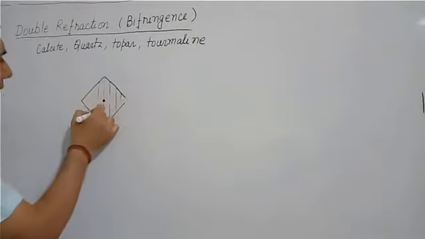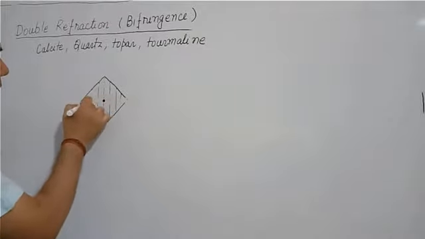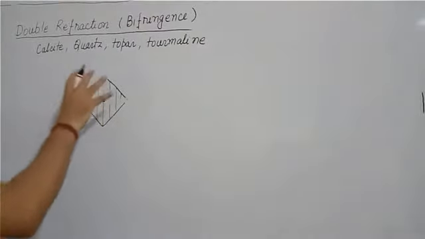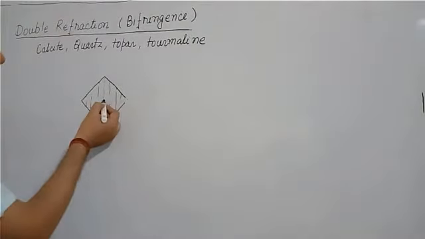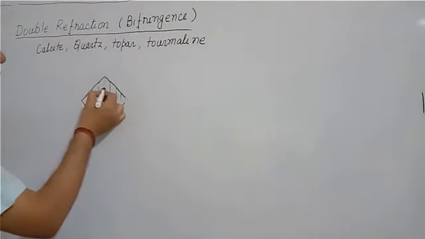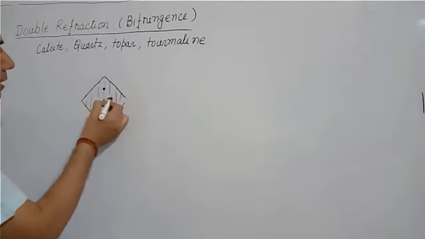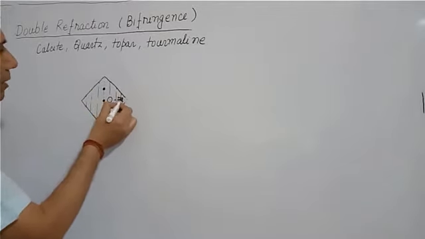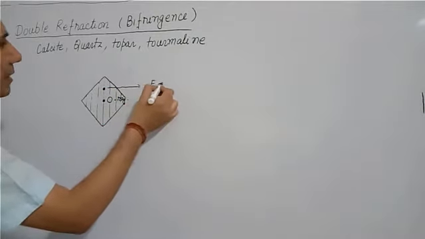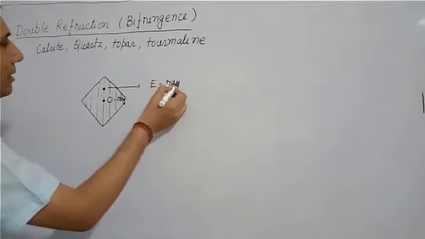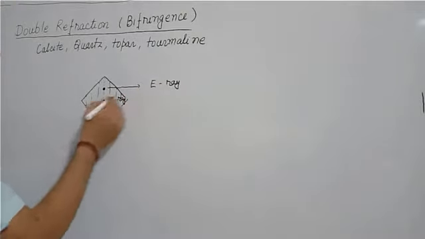So you will find that corresponding to this one point on the white paper, when we place the doubly refracting crystal on this, then corresponding to this one point we will observe two points. One is corresponding to the O ray, another is corresponding to the E ray. So this is the simplest method in which we can observe double refraction.